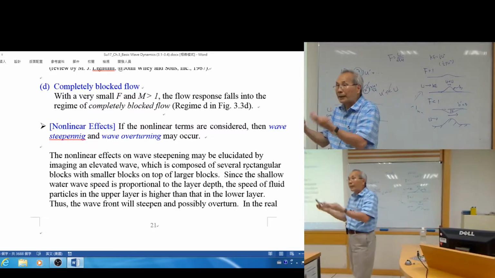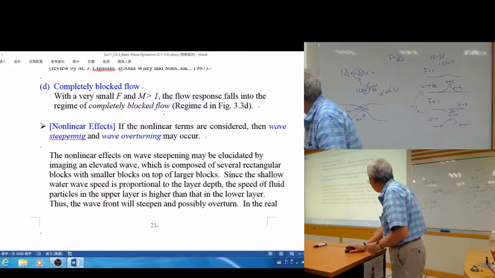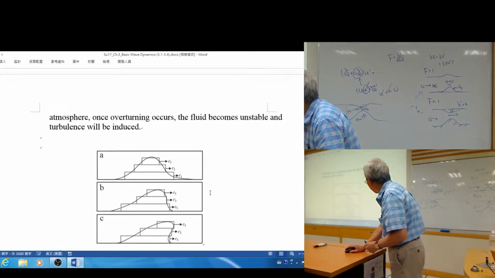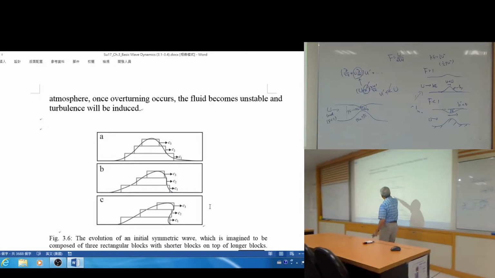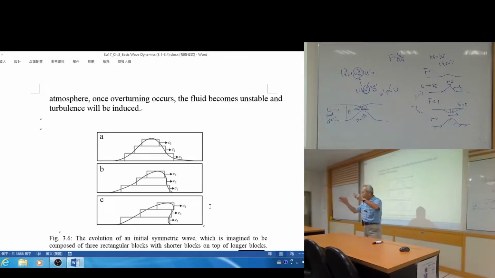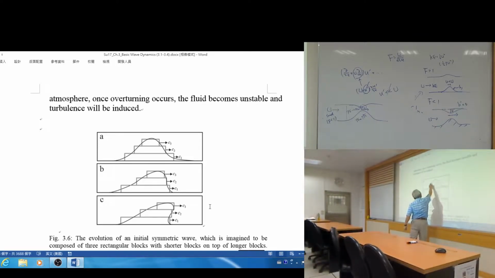And then you have nonlinear effects. So what's a nonlinear effect? Here I sketched in my book, I sketched in 2007, like this. Say you have a wave like this, and now you just imagine this wave is composed of 3 blocks, approximately 3 blocks.